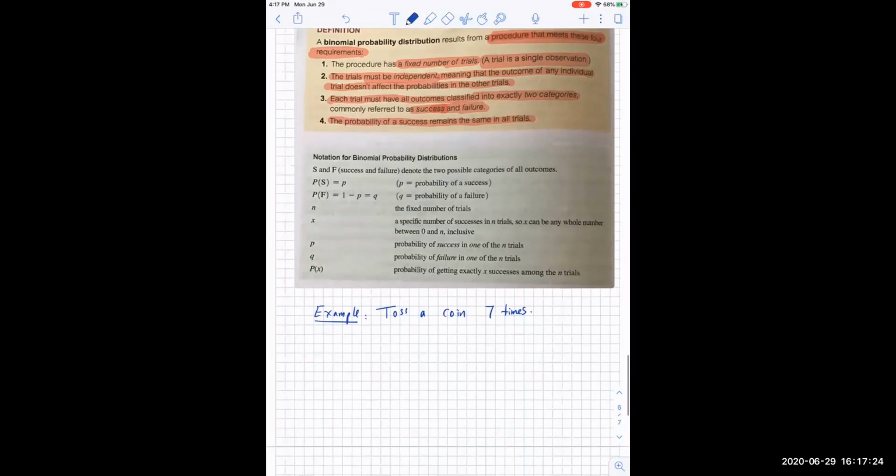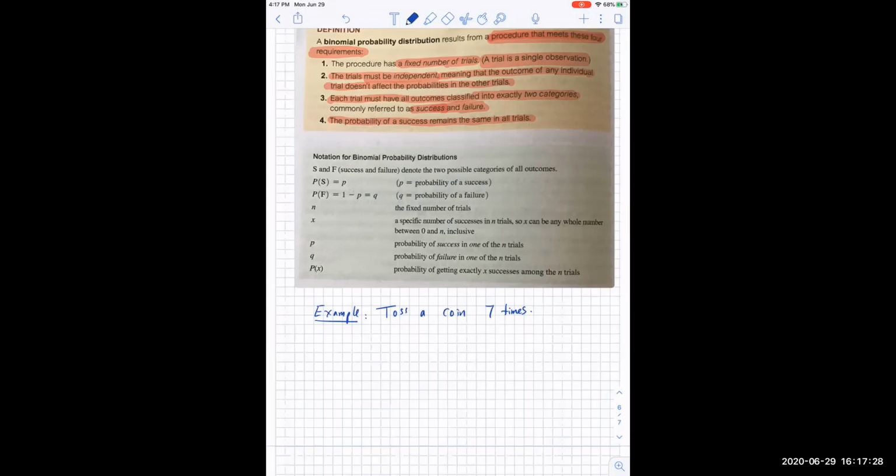Let me give you guys a simple binomial experiment. Toss a coin 7 times. Let's talk about this experiment.